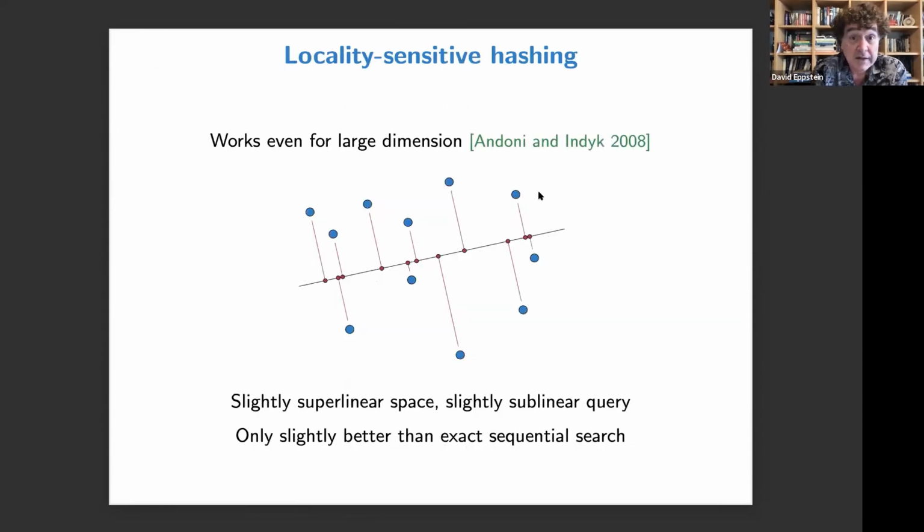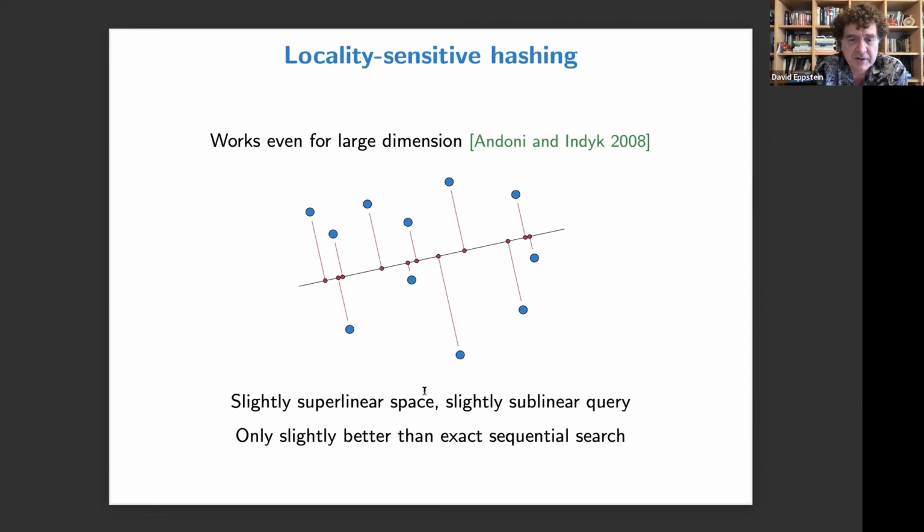Or in larger dimension, you can use these locality-sensitive hashing techniques, which work for spaces of arbitrarily large dimension and give you slightly superlinear space and slightly sublinear query time, depending on how accurate you want your results to be.